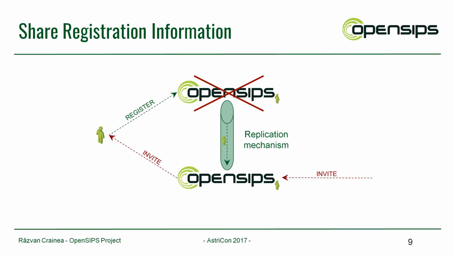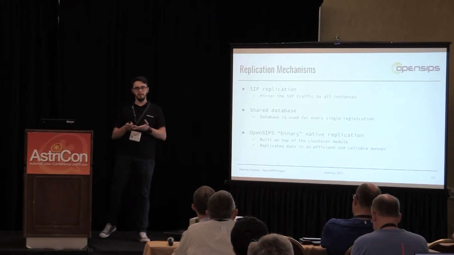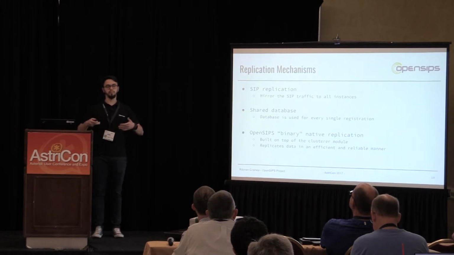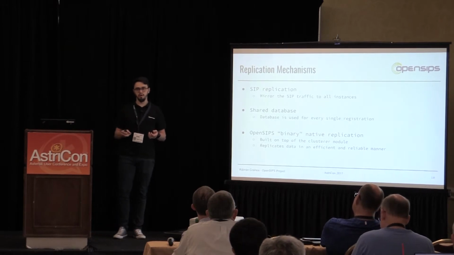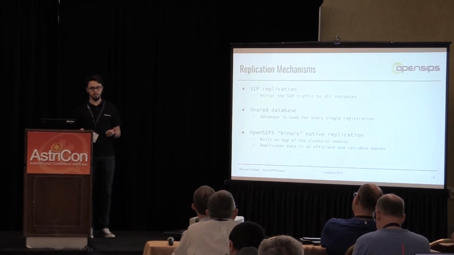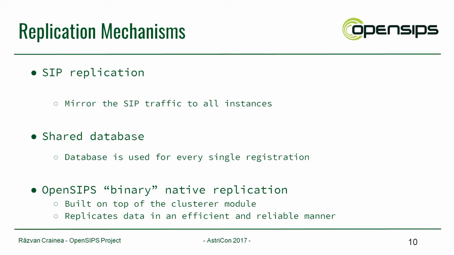Okay, so that being said, we need the application layer to also support this kind of replication mechanism. Otherwise, failover and high availability wouldn't work, correct? And there are multiple possibilities for doing replication. For example, you can simply replicate all the traffic, mirror all the traffic to all the instances.